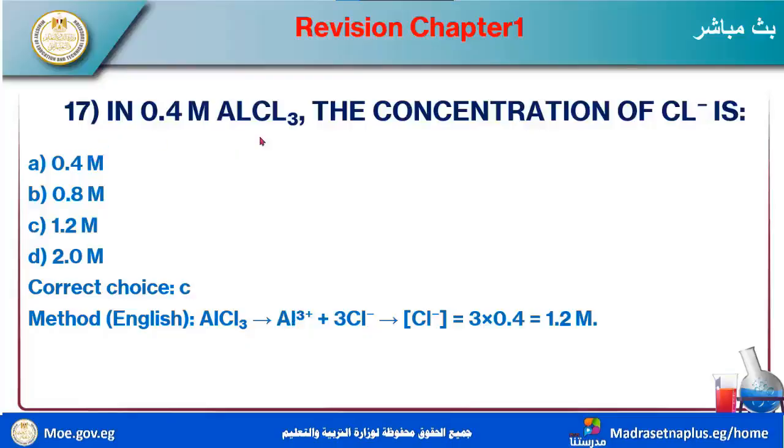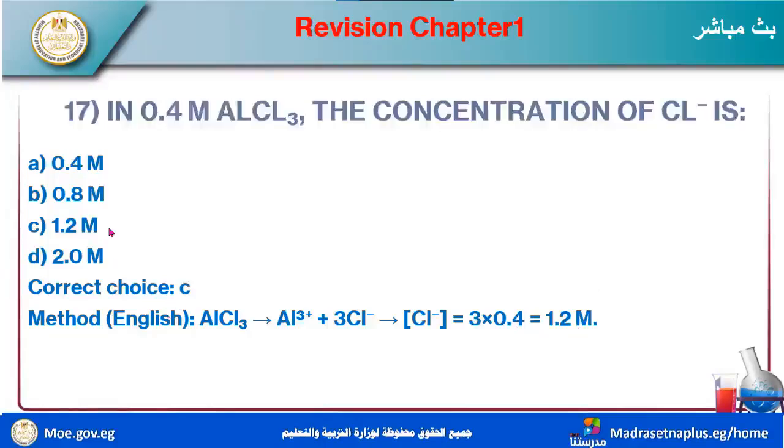Each 1 mole of AlCl3 produces 3 moles of Cl negative 1. So the chloride concentration equals 3 times 0.4 molar, which is 1.2 molar. So the answer is C.